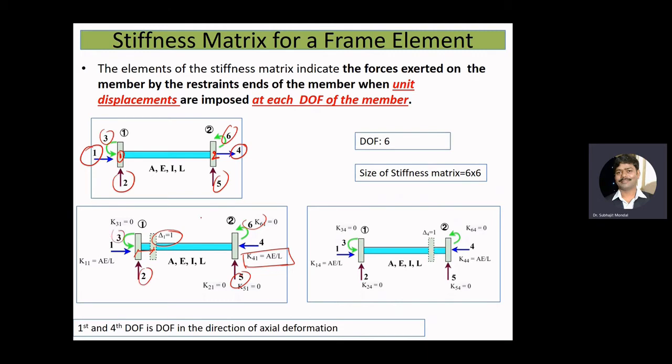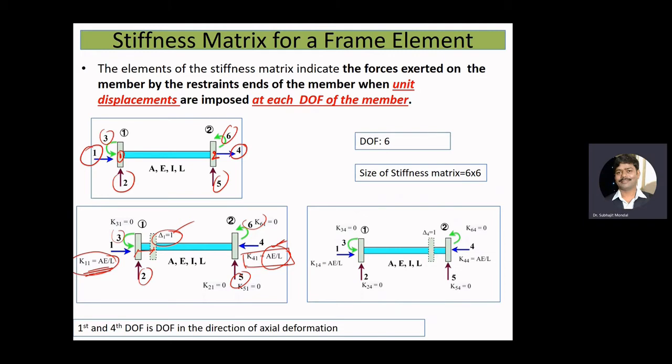If we provide pure axial deformation, then for that case, we need to apply AE by L amount of force to have this unit deformation here. Now if we apply this amount of force, then obviously on the other side we will have the same amount of force but in the opposite direction.